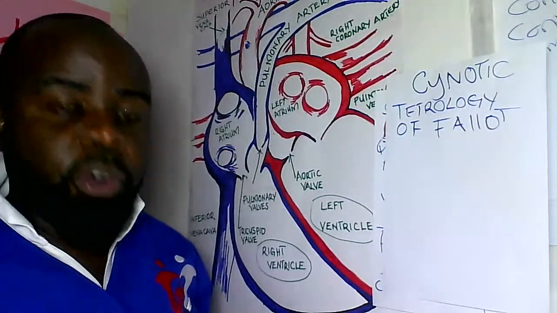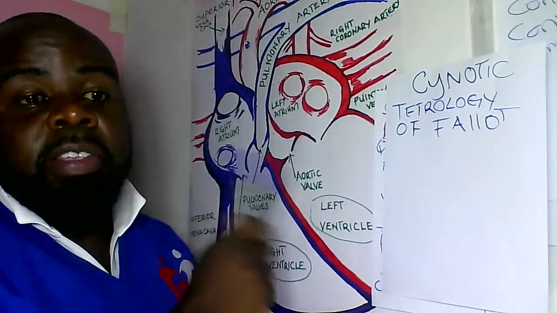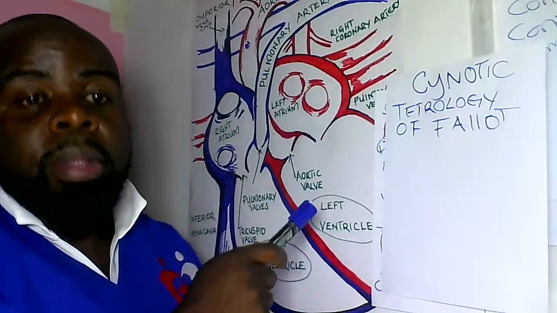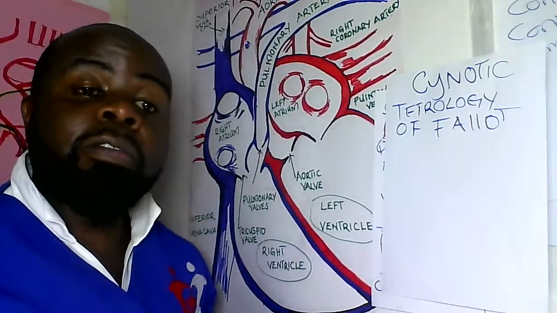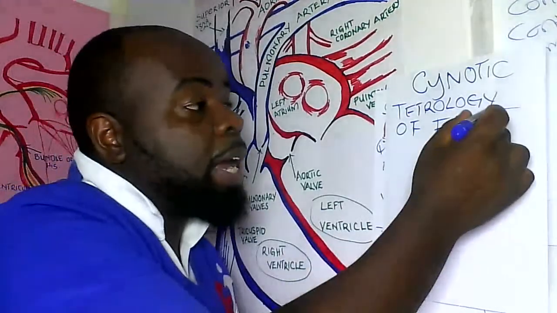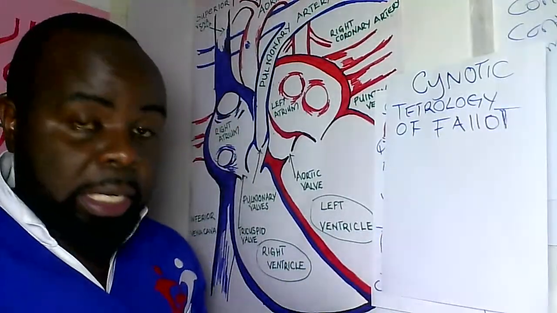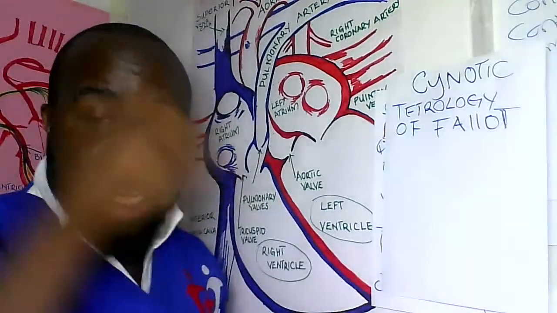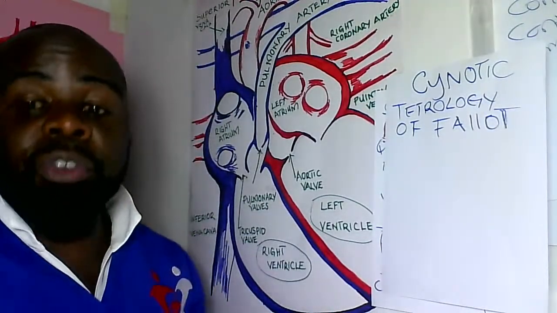What is tetralogy of Fallot? This is the major condition that makes blood that has no oxygen go to your system when you are a baby and you are born.